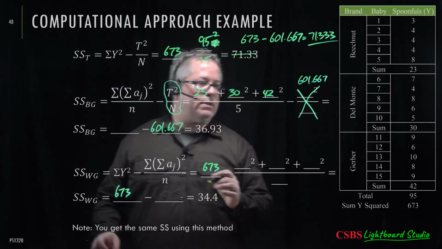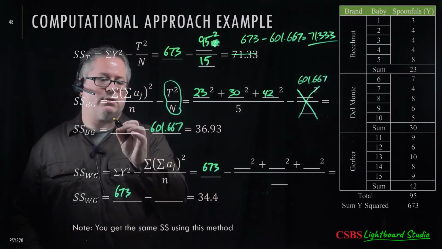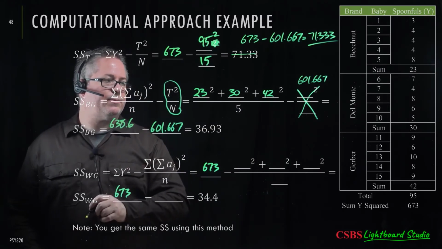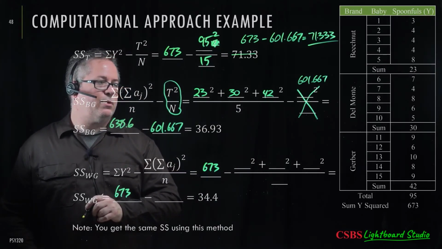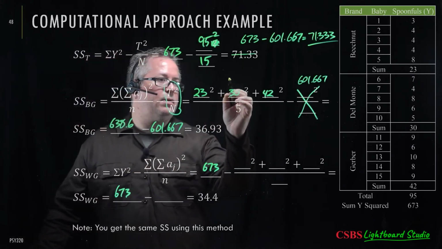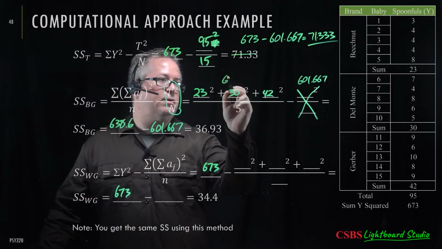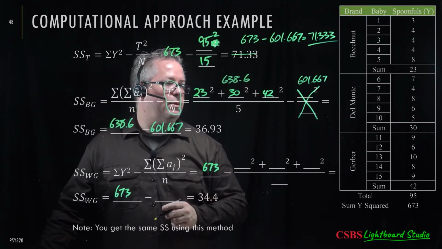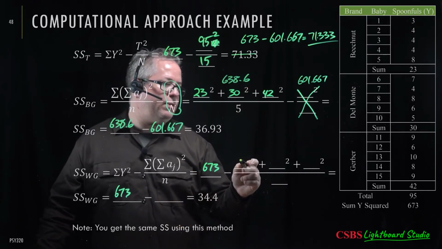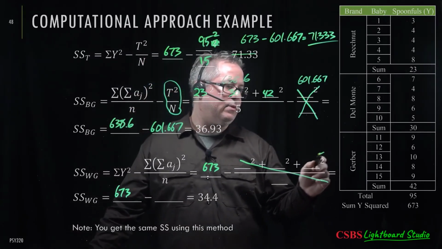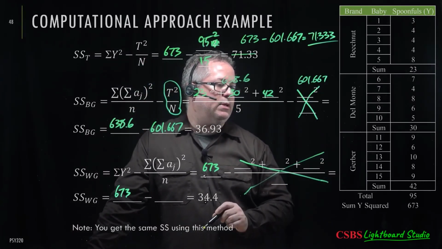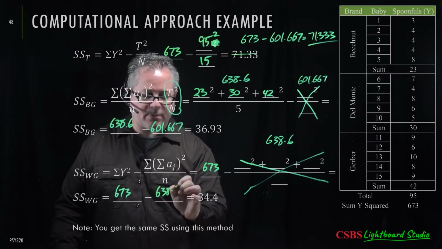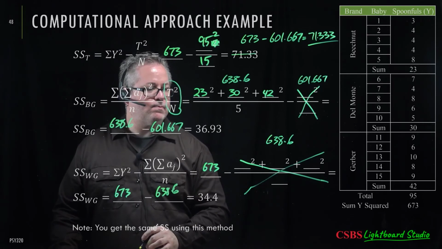So that means that this piece, this whole thing, is 638.6. Right? That's what we found. So that means that down here, I don't have to do this again either. I have it here, but I don't need to do it again. It'd be sort of redundant. This is also going to be 638.6. Okay?